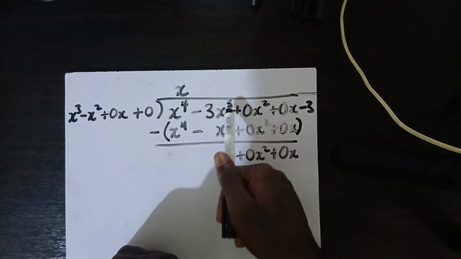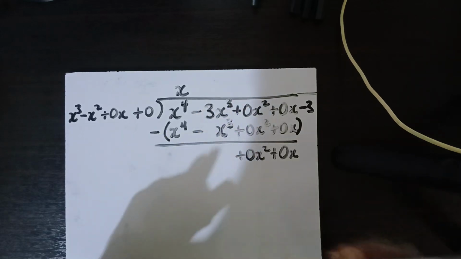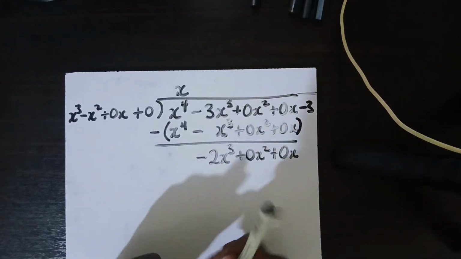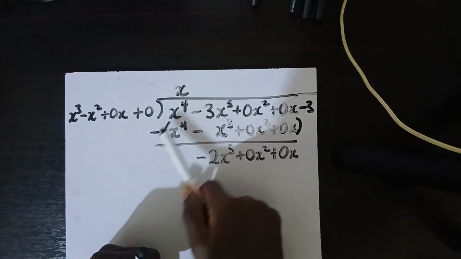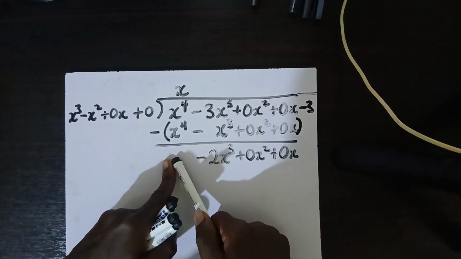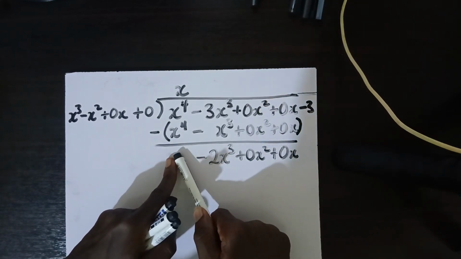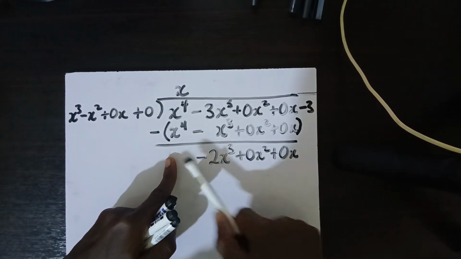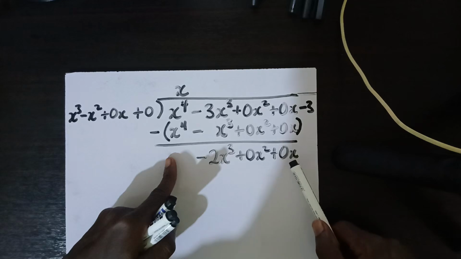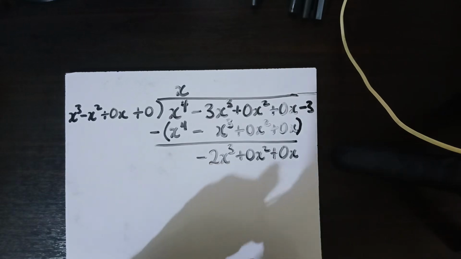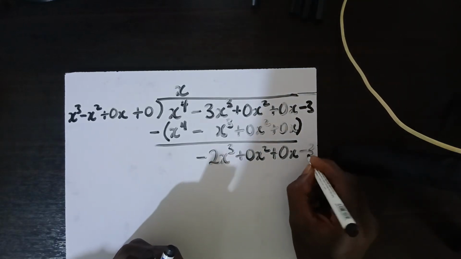So negative 3x cubed plus x cubed will give us negative 2x cubed. And we know from here that x to the power 4 minus x to the power 4 is going to be 0. So since it's going to be 0, we don't have to write anything here. These ones are just placeholders for this particular term and this particular term, to help us in doing the division. Once we are done with this, then we bring the next term down, as we always do. So the next term is minus 3.